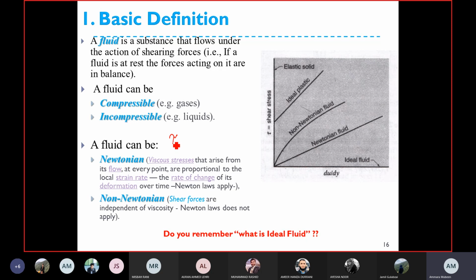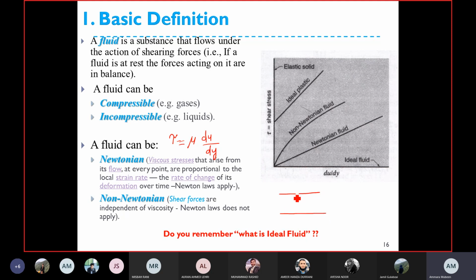Newton has performed some experiments, and he derived the expression of shear stress on fluid, and he says that shear stress depends upon the viscosity of the fluid and the velocity gradient. Okay, so he has performed this experiment. Now the parameters involved in it, let me tell you, using a simple example.